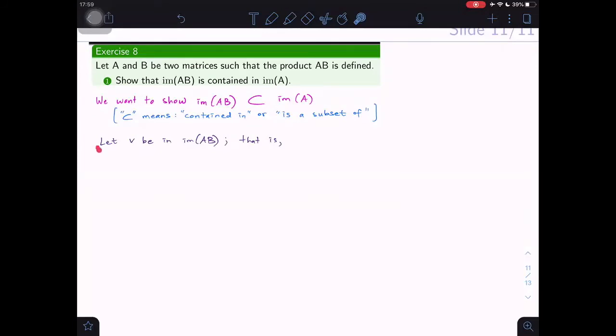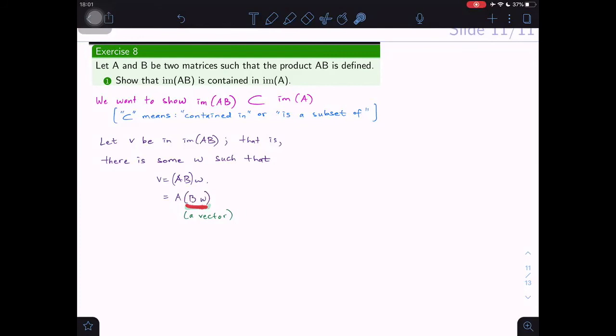We start by saying let V be in the smaller subset. And then we want to write down what it means for V to be in the image of AB. This means that there is some vector W so that the matrix AB times W is equal to V. This means that ABW is defined, and note that we have B and W. B is a matrix and W is a vector, so this product is again a vector.